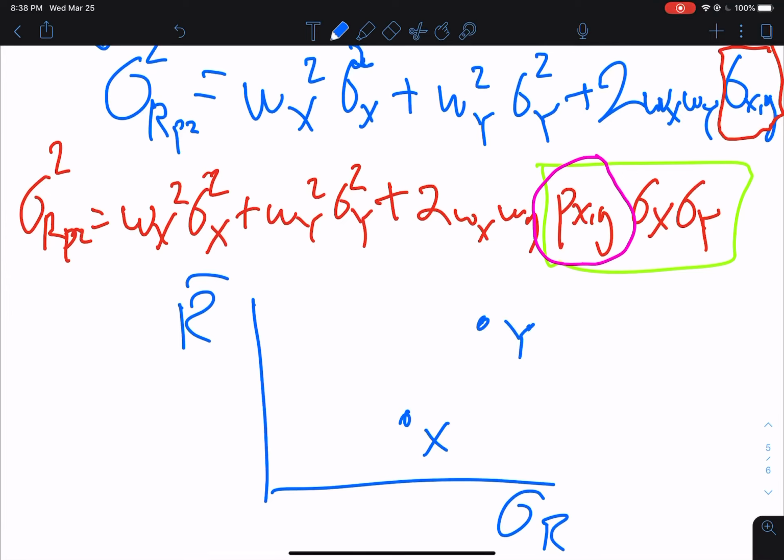And here's a quick look at what happens. This line can be, I'll draw 5 of them. It can be that, or it can be that, or it can be that, or it can be that, or it could be that. Any of those 5, depending upon the value of that correlation coefficient.